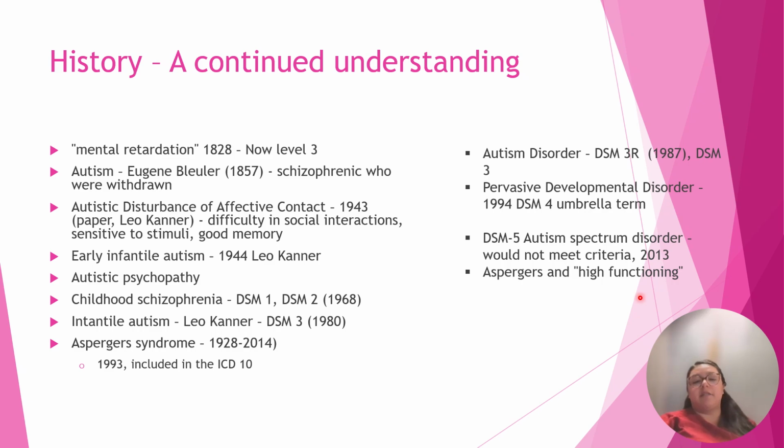Asperger's and high functioning are seen as outdated by many people, because they do not describe that there are difficulties, but also the lived experience of people. We should avoid using the term high functioning, the same way that we avoid using retardation.